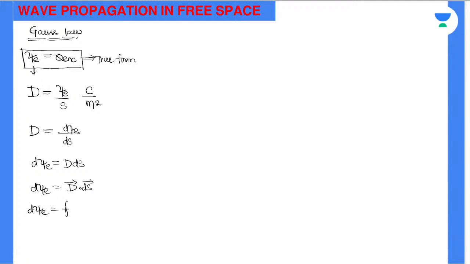Implies d psi E is equal to D dot dS, implies psi E is equal to integral on both sides, closed surface integral of D dot dS. You got this flux here. Now, how are charge and charge density related?